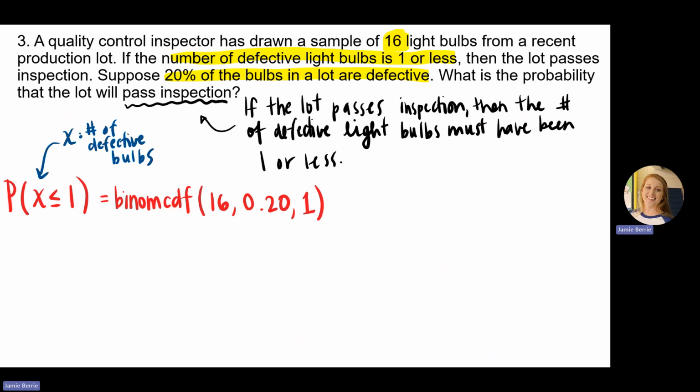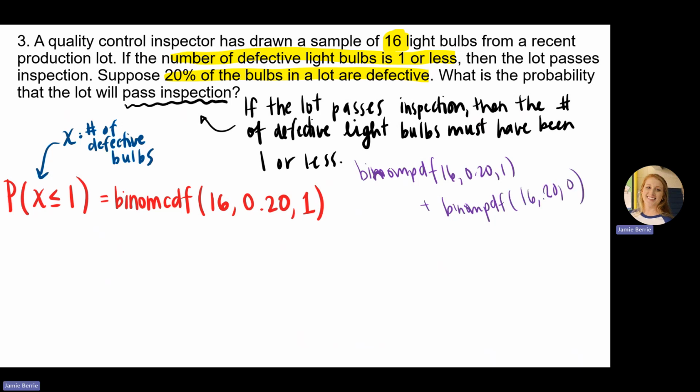Now, another thing that you could do, I was just thinking about this. If you only wanted to use the binom PDF function, you could say this is the same thing as binom PDF of 16, 0.20, 1 plus binom PDF of 16, 0.20, 0.